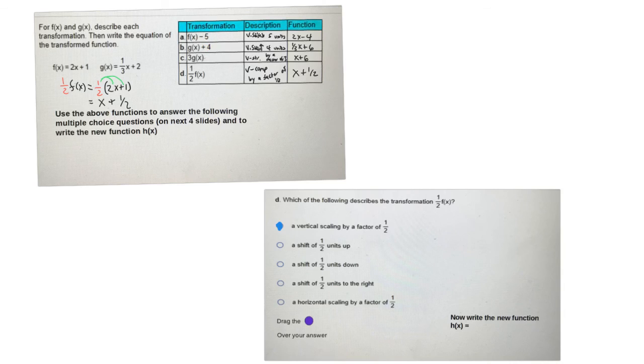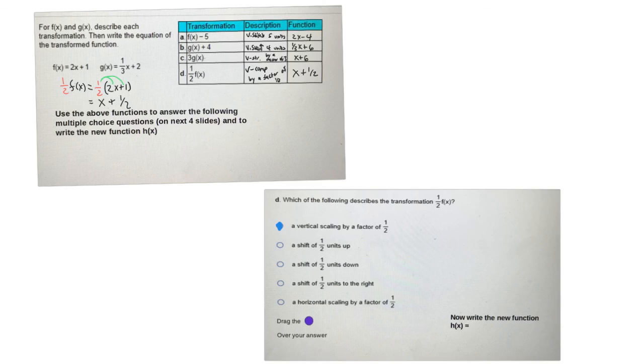Anytime you have numbers outside of the parentheses, you have -4 outside the parentheses, +4 outside the parentheses, you have a 3 that's getting multiplied outside the parentheses, you have a 1/2 that's getting multiplied outside the parentheses, that's going to have something to do with vertical. And I'll just give my student at home a heads up. Anytime there's shenanigans happening inside the parentheses, that's when you have to worry about horizontal stuff.